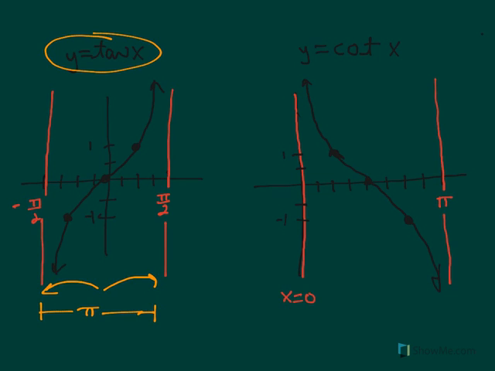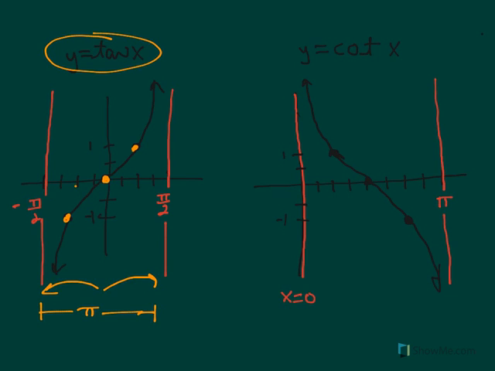And then to put in the key points, one of them is going to be at the origin, so one will be here, and then you want to go halfway to the asymptote to the left, so back pi over 4, and then down, negative 1, and then halfway to the asymptote and up. It's always going to be halfway to the asymptote off the center, and then it's either up or down, and that's going to get you your tangent curve.